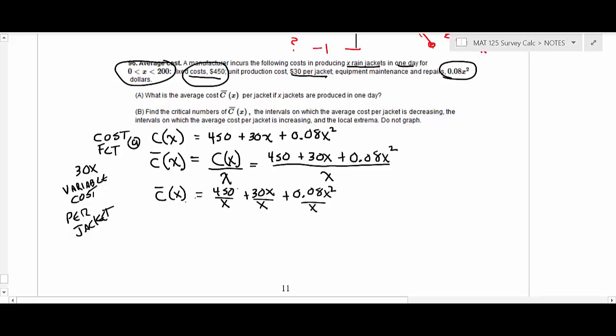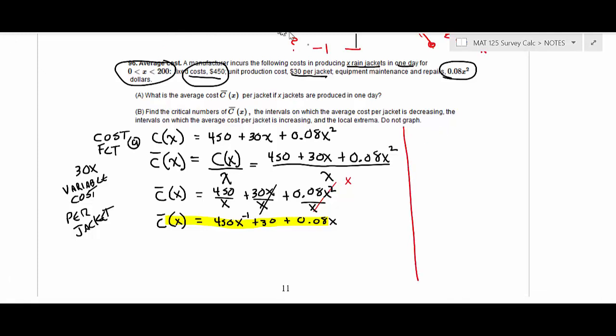So what we'd end up having then is C bar of x equals, and let's write it as 450x to the negative 1 plus 30 plus 0.08x. So we had some cancellation of x's on two parts of that problem, see? Okay, so that is our cost function that we're going to work with.